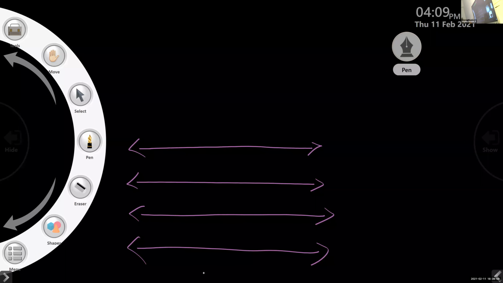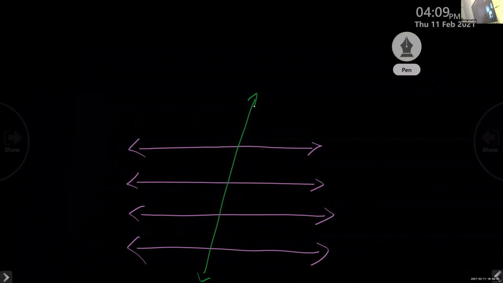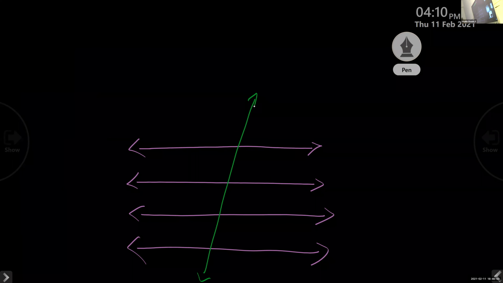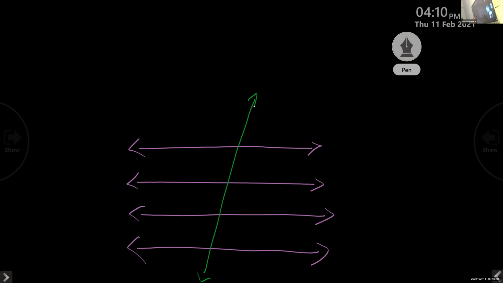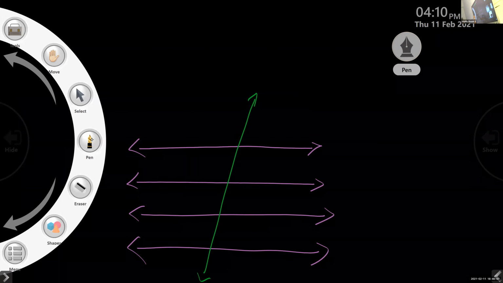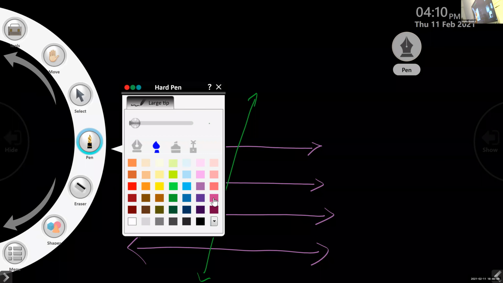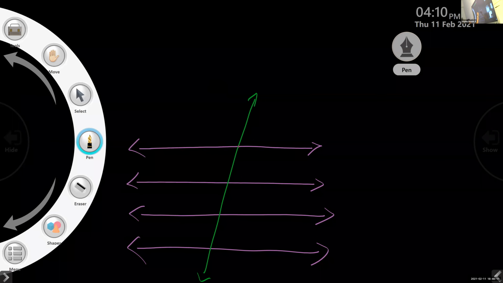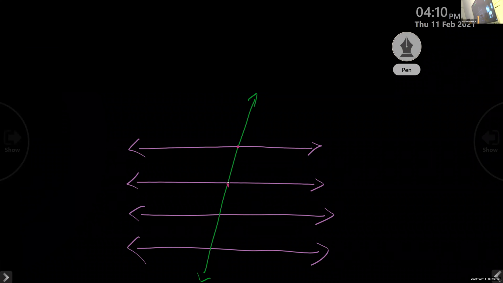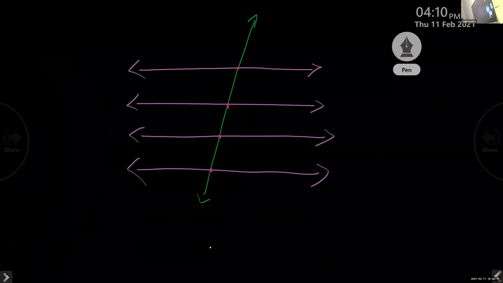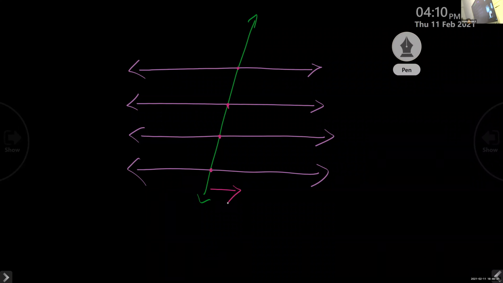See, this is a line cutting all these lines at different, distinct points. It is cutting at the 1st point, 2nd point, 3rd point, 4th point. So this line, which is cutting all the other lines at distinct points, is known as a what?